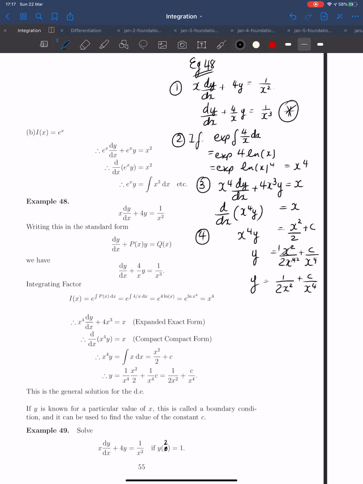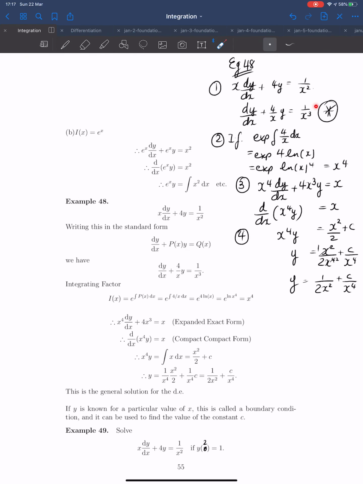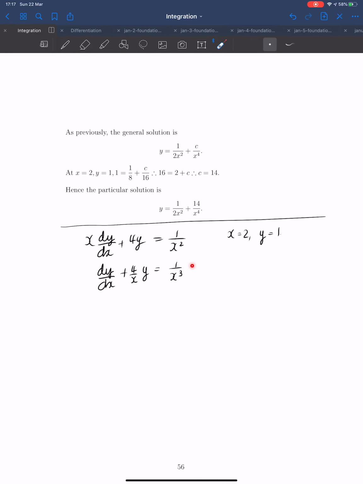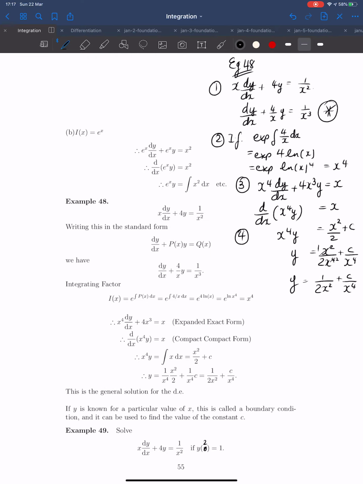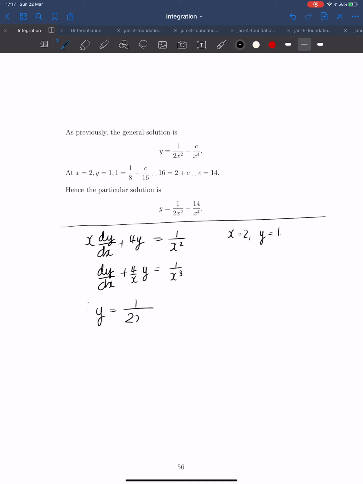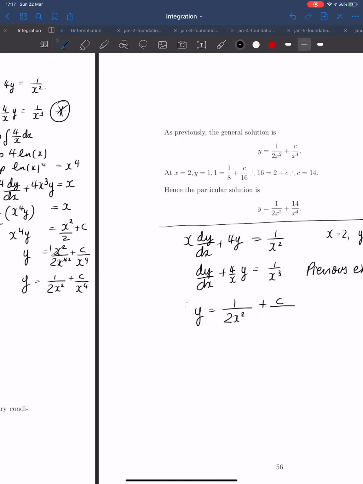Yes, it started on the previous page. It's the same as the previous example, so I'm not doing it again. Y is 1 over 2x squared plus c over x to the power 4.